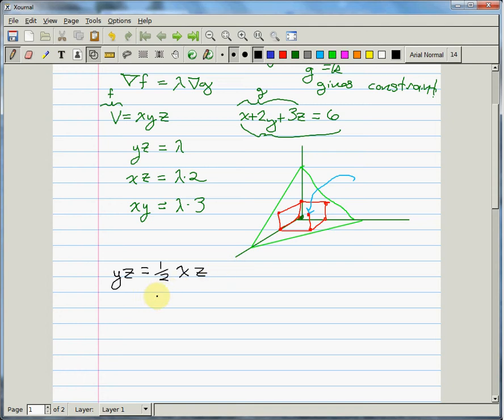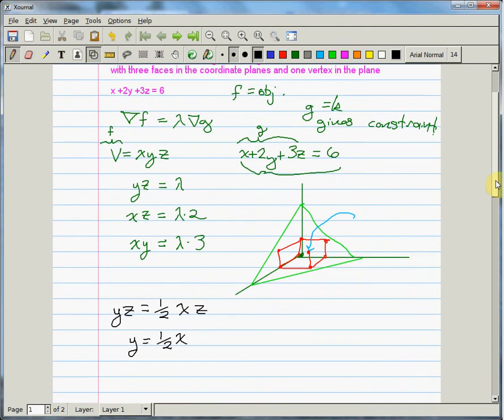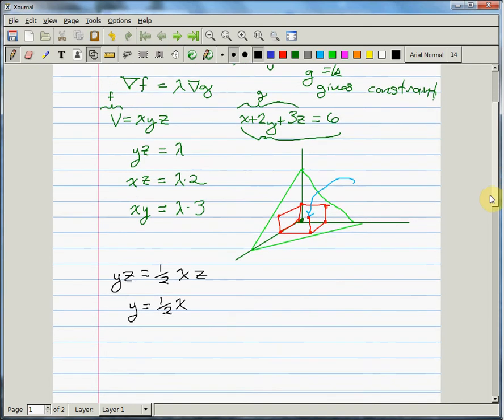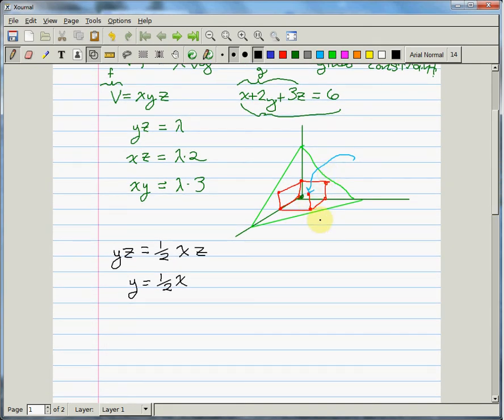And okay, so this means that y is equal to 1/2 x. When I divided z out of both sides, I assumed that z equals 0 is not part of the solution, but you can see that z equals 0 is not going to be a very good idea, because it's going to make the volume 0.